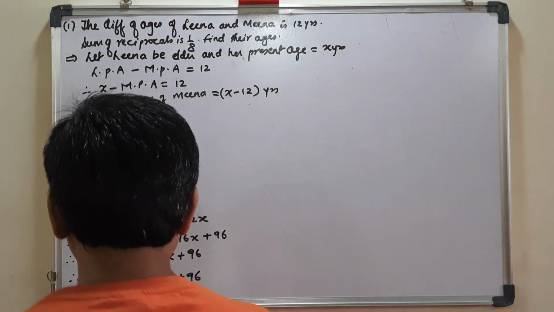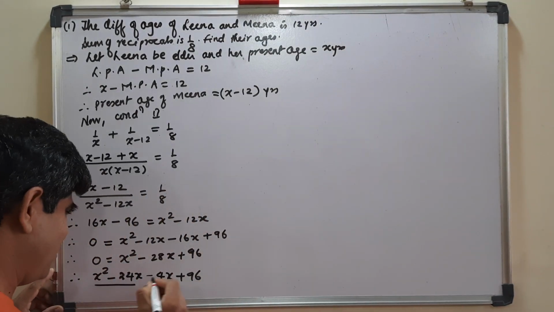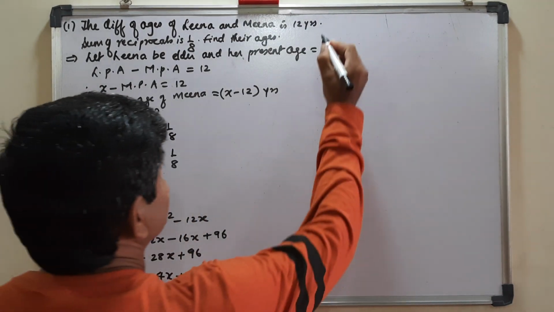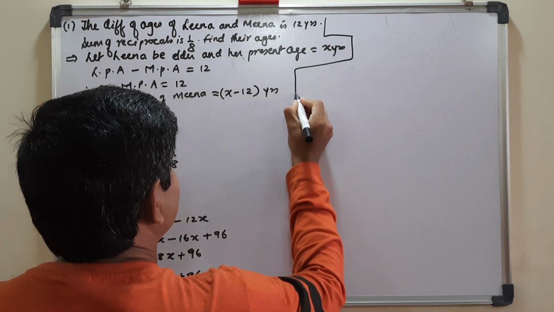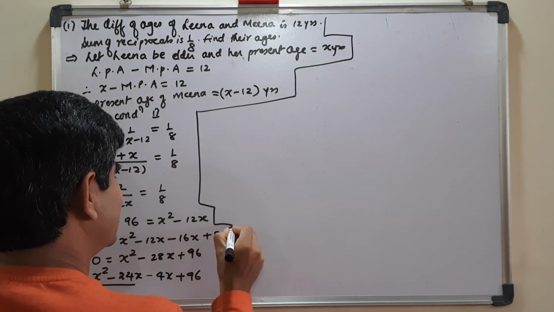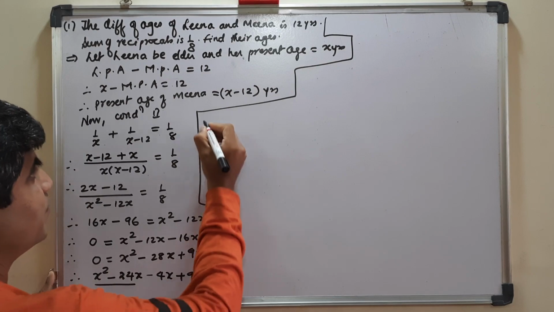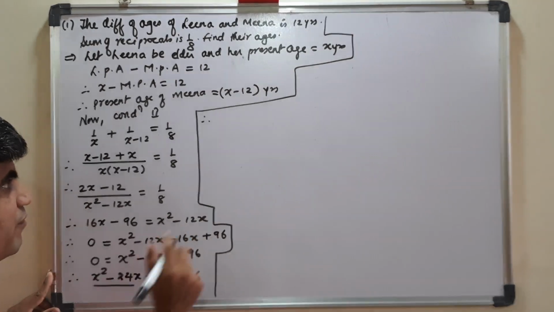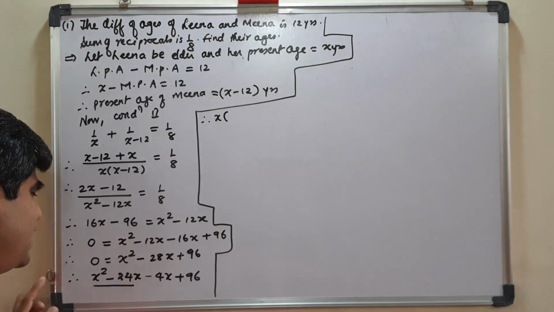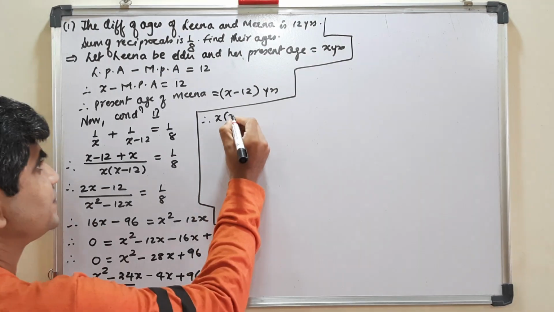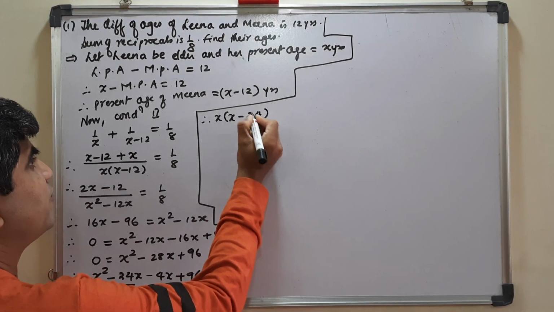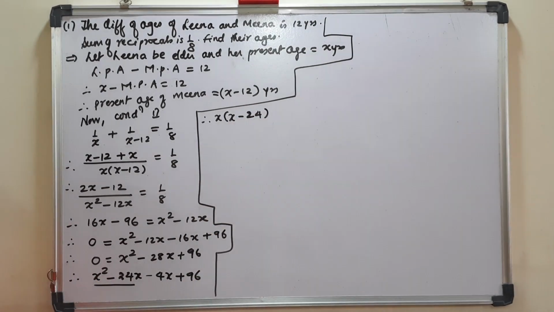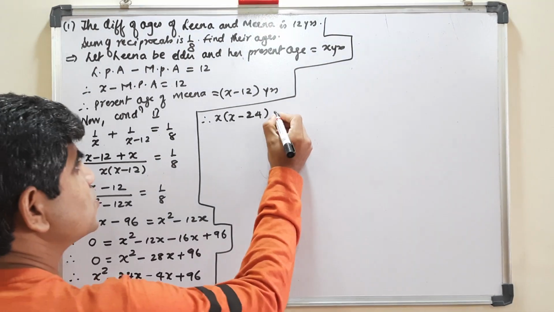For common, you take one pair this one and one pair that one. When you start pairing, what do you get? Common between x square and 24x is x, so x bracket x remains here minus 24. Minus, okay.